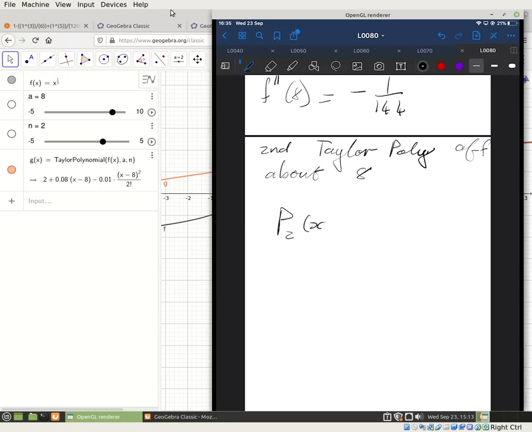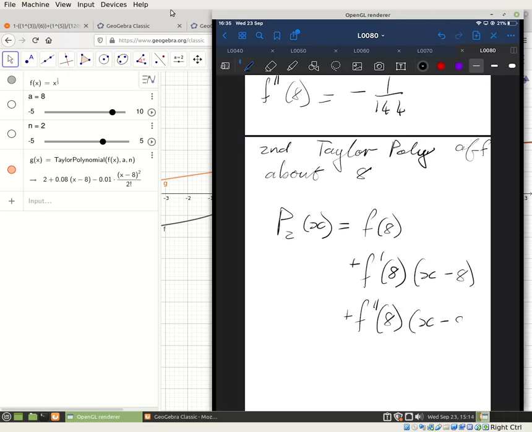So p2 of x is f of 8 plus the derivative of f at 8 times x minus 8, plus the second derivative of f at 8 times x minus 8 squared over 2 factorial.